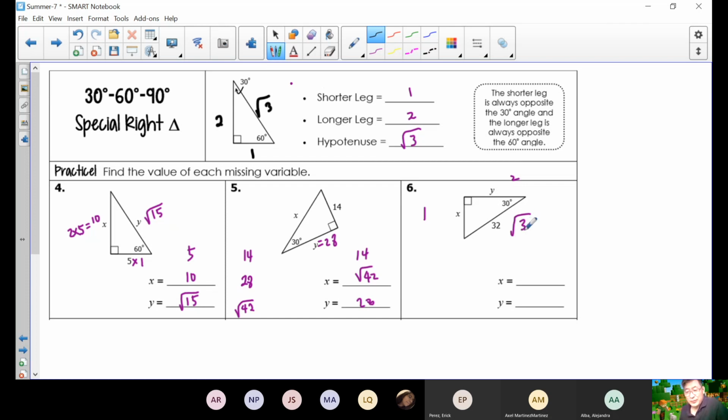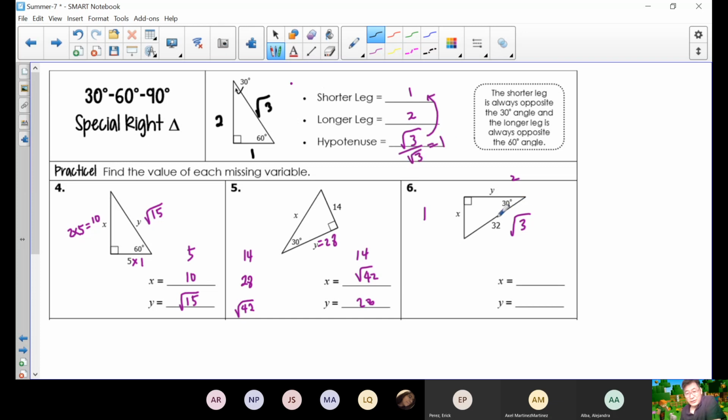How do you go back to the shorter one? All you need to do is divide by square root 3, and it's 1, right?